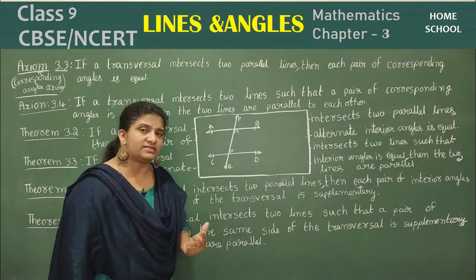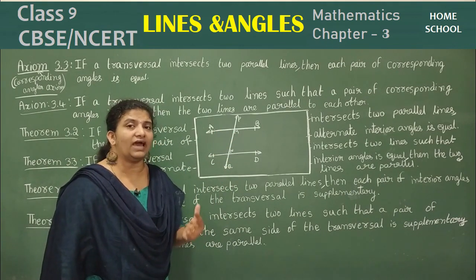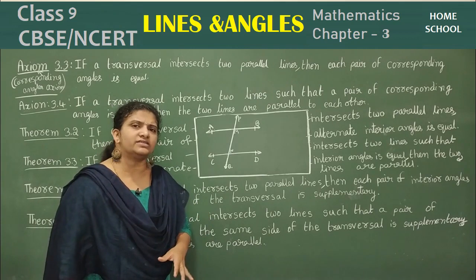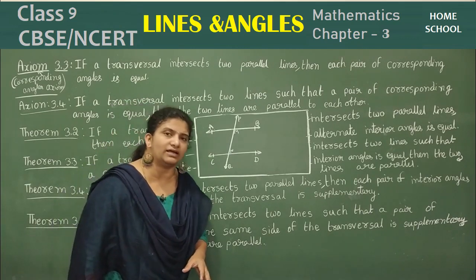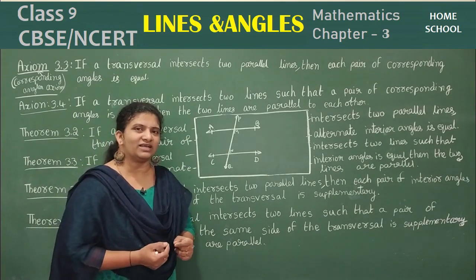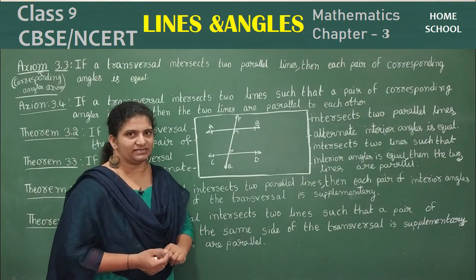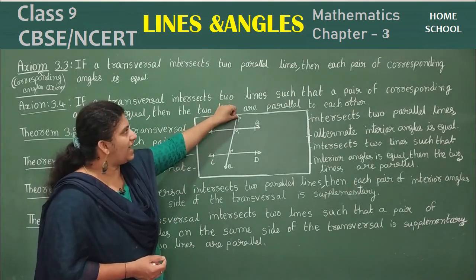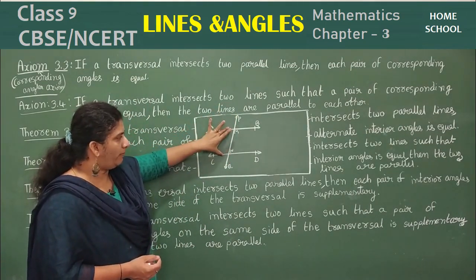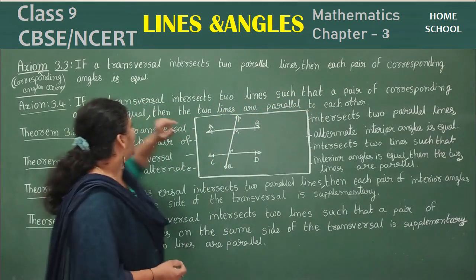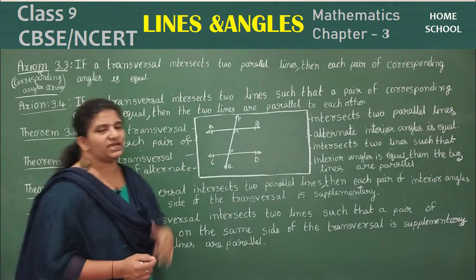If they are extended indefinitely, they never intersect at any point. Those types of lines are called parallel lines. If they intersect, they are called non-parallel lines. So if a transversal is drawn on two parallel lines, then each pair of corresponding angles is equal.